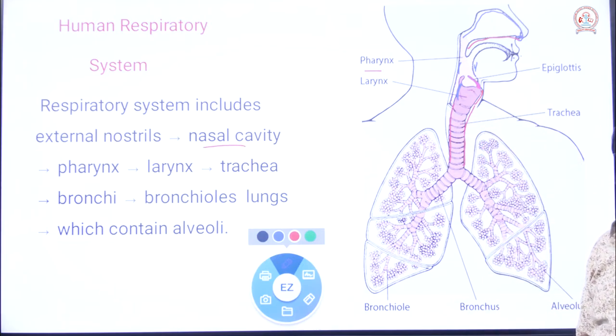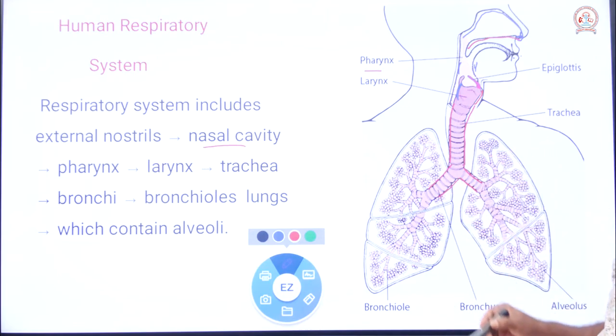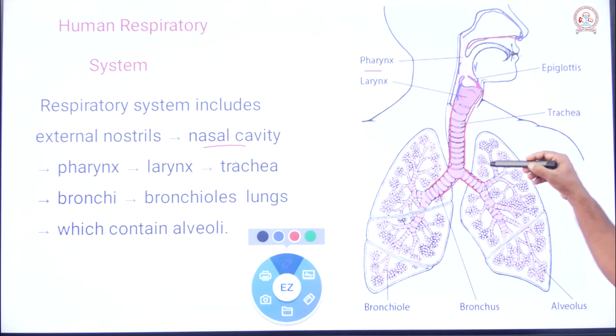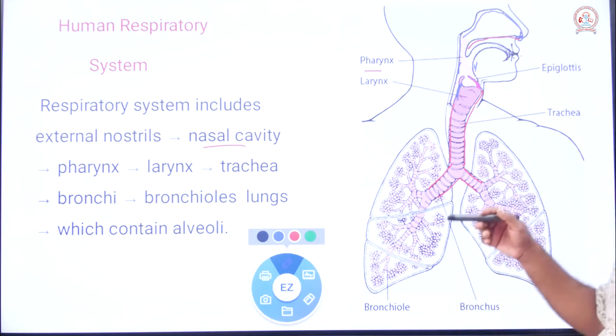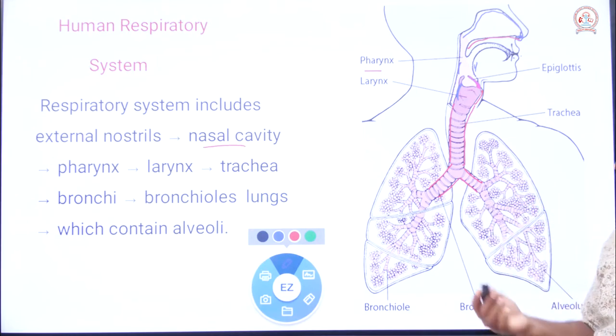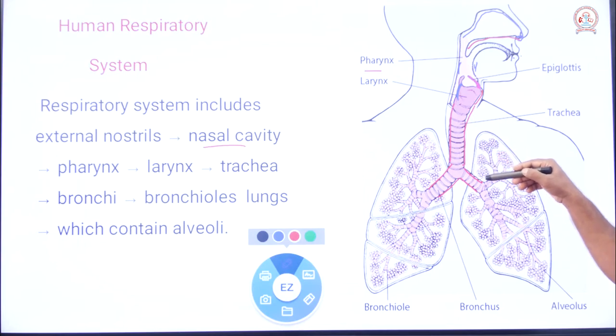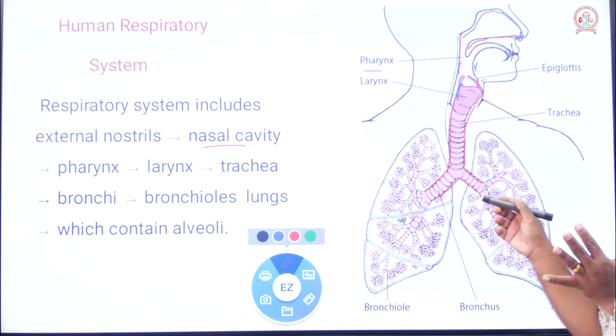The trachea then divides into two bronchi, bronchus in the singular. The bronchi further divide into primary, secondary and tertiary bronchioles, and the lungs enclose the alveoli.